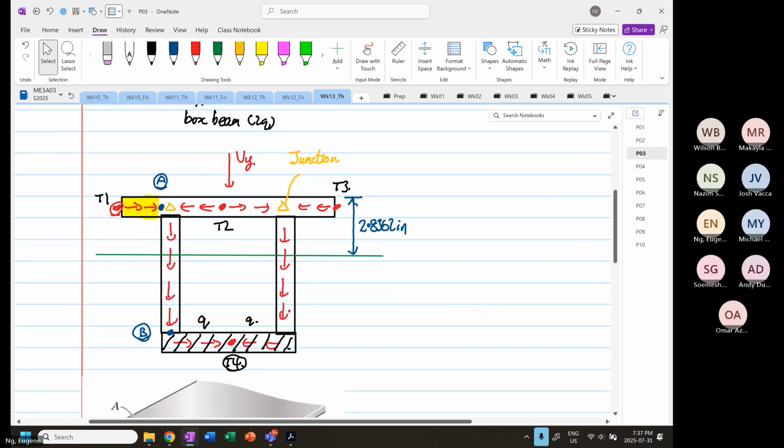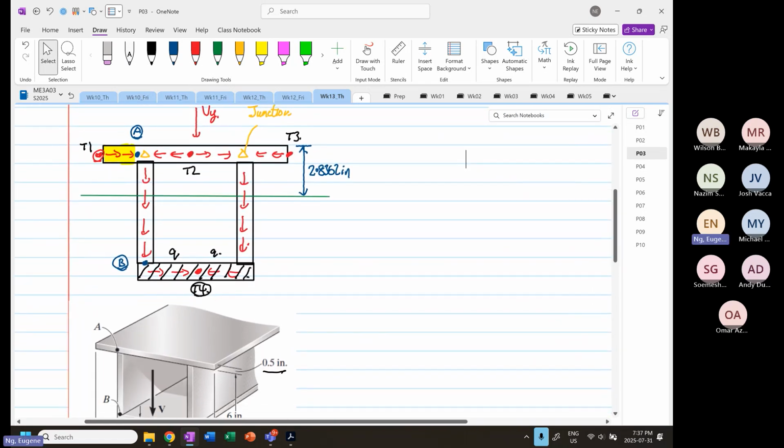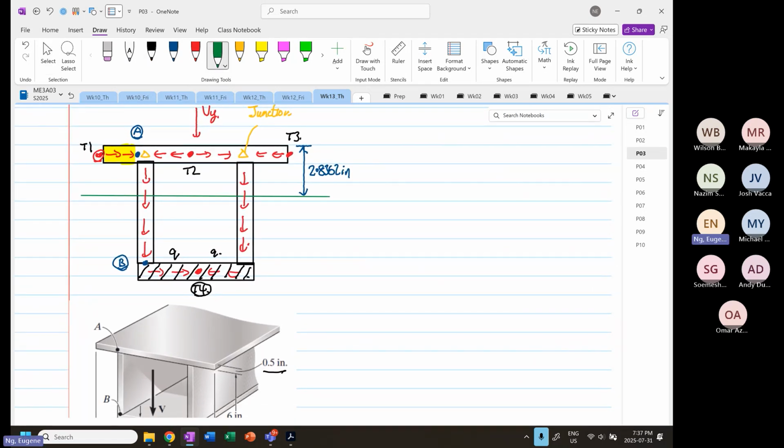Okay. We call this whatever that is on top of the geometric centroid, the top portion, or we can also use the bottom portion. Okay. The answer would be the same.